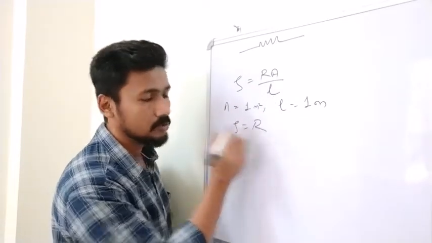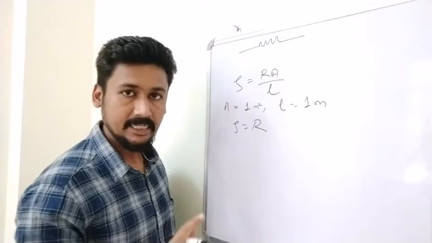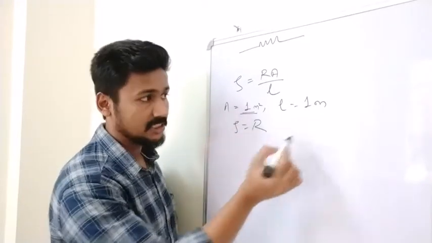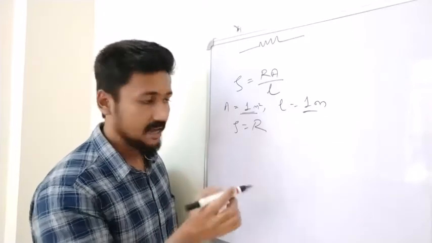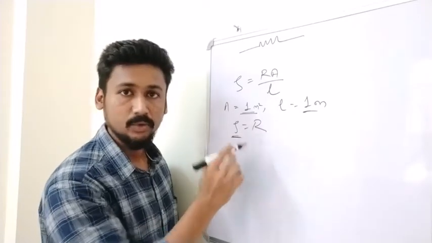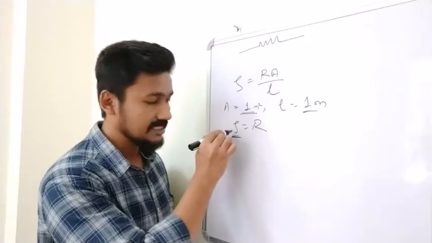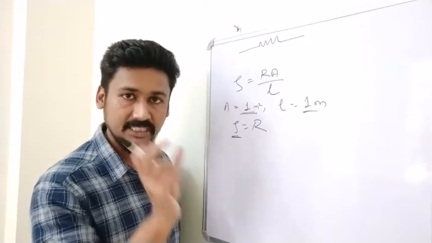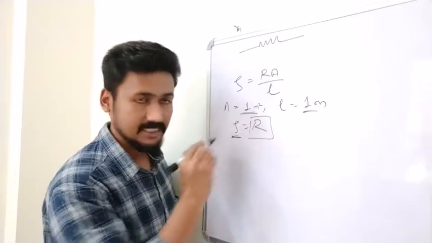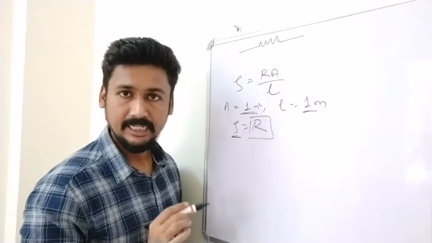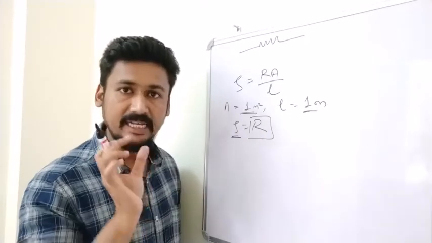Rho will be equal to R. So a resistor having unit area of cross section and unit length will have a resistivity equal to its resistance. Or another way of saying it is that the resistivity of a material is defined as its resistance for unit area of cross section and unit length. That is the meaning of resistivity.